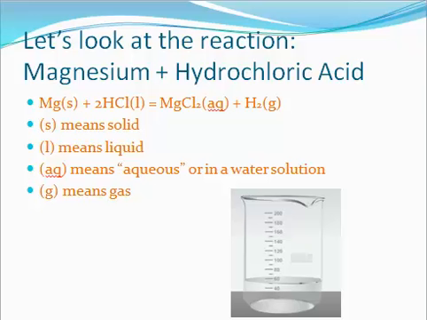This AQ means aqueous, which means it's in a water solution. And then of course the G means gas. So we have magnesium in the form of a solid, we have hydrochloric acid in the form of a liquid. Those reactants produce magnesium chloride, which is an aqueous solution, and hydrogen gas.